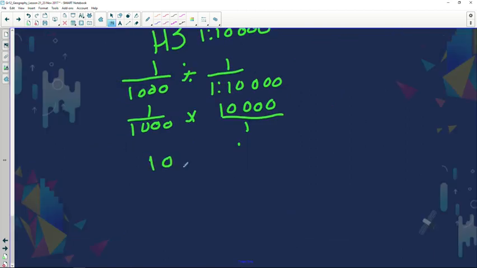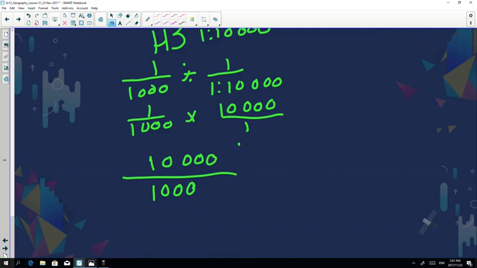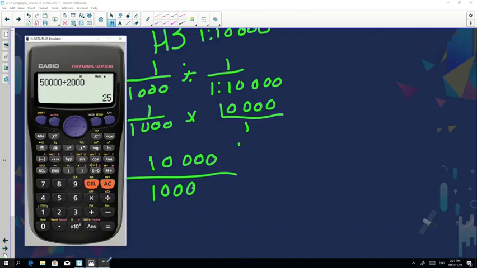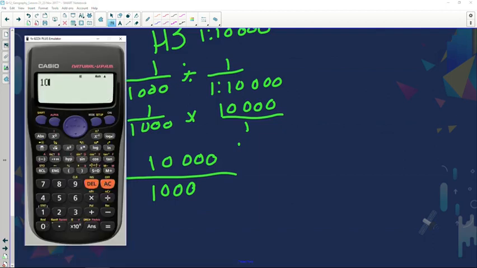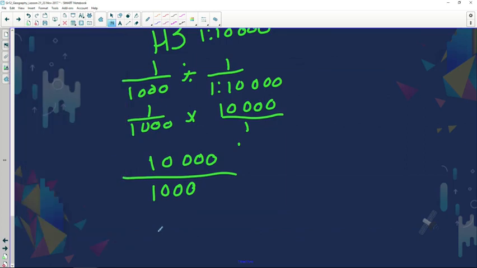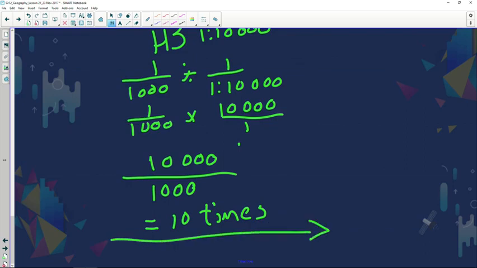That gives us 10,000 over 1,000. And if we quickly go and calculate it, 10,000 divided by 1,000 equals 10 times. So that cross section has been exaggerated 10 times.